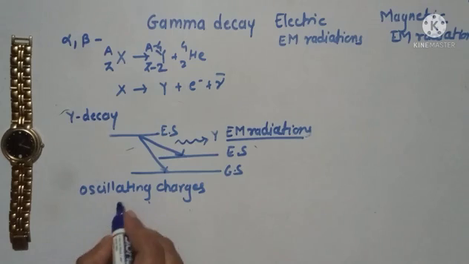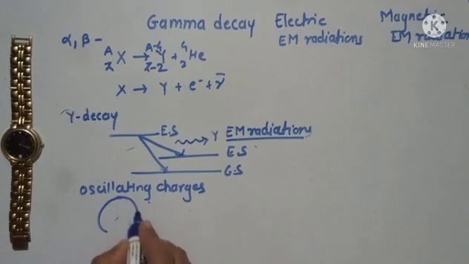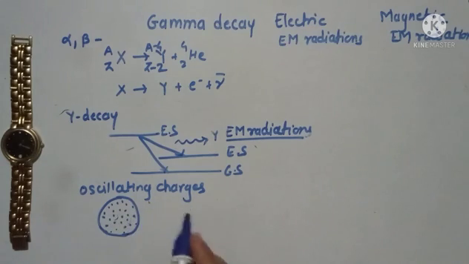We know that the nucleus has protons and neutrons arranged in it, and these are charged particles. In quantum mechanics, neutrons and protons both have charge. The neutron is also having charge, which we have already seen.